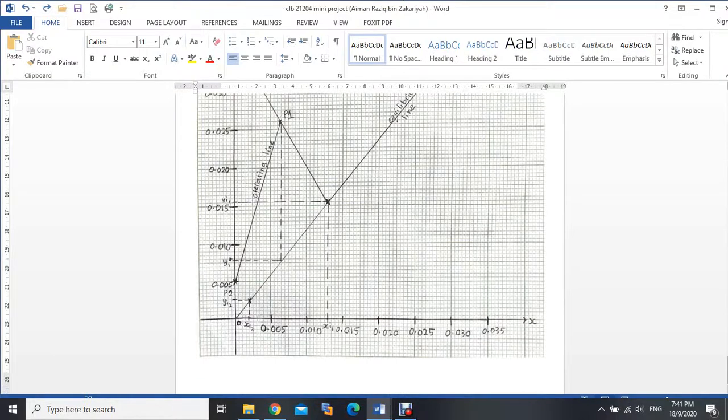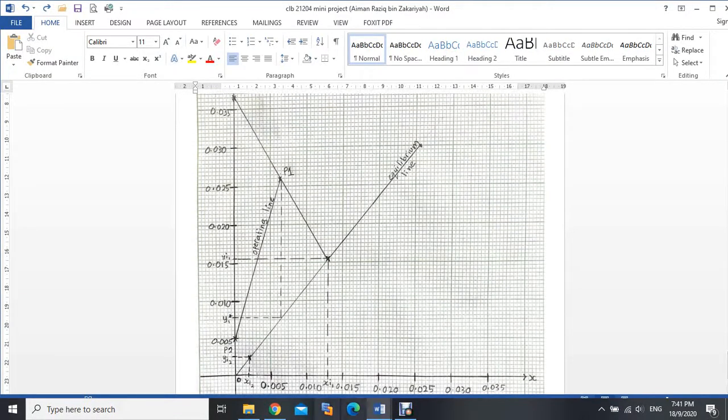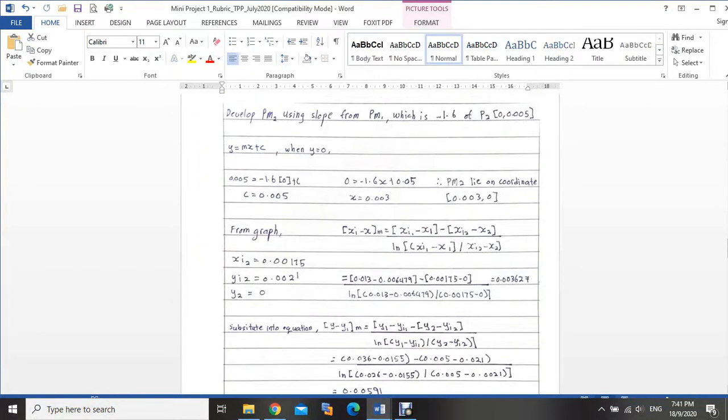Since we already have the value of the PM1 line, which is negative 1.6, we can use that gradient to find the coordinate of the PM2 line, where we need to find the coordinate at the x-axis using the same gradient.